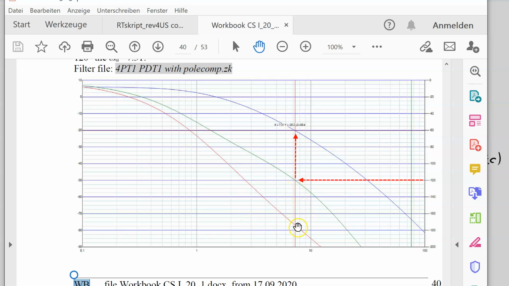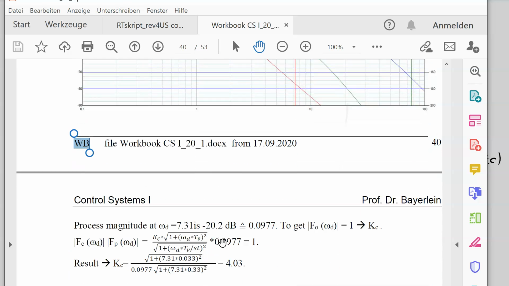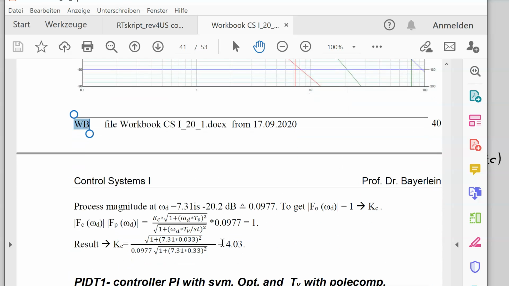Now you can see our new crossover frequency ends up around 7.2. So we are 3 times faster than a P controller. The resulting values are listed here on page 41. Omega D is 7.3 per second, and the rest is unchanged.